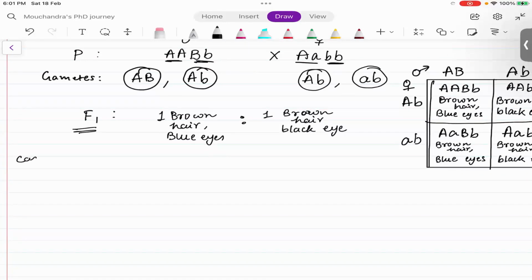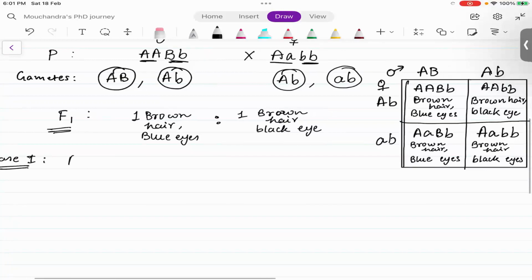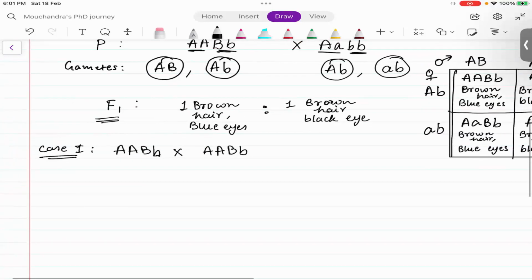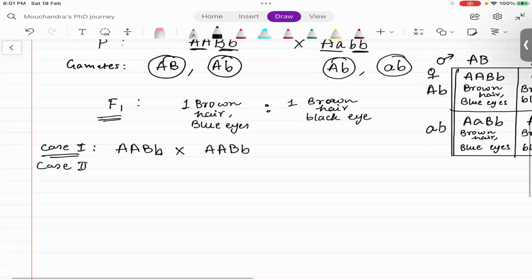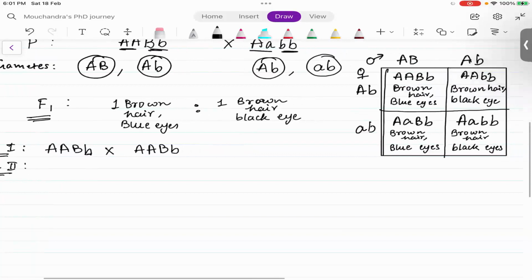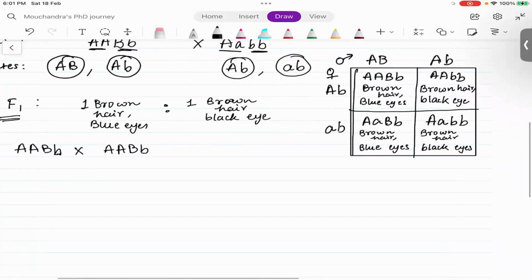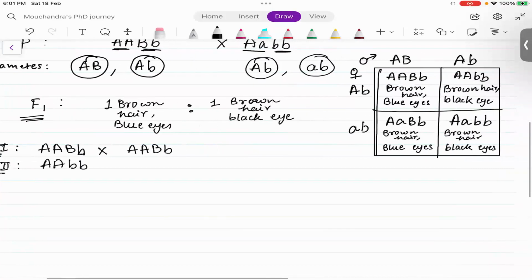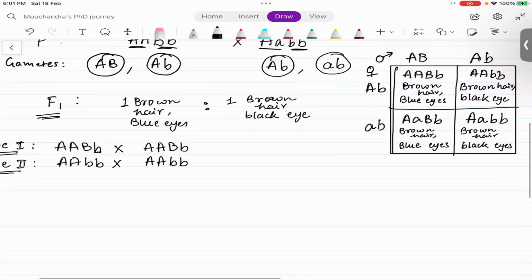In case 1, we are choosing two offspring with this genotype. Another case, two offspring with this genotype.